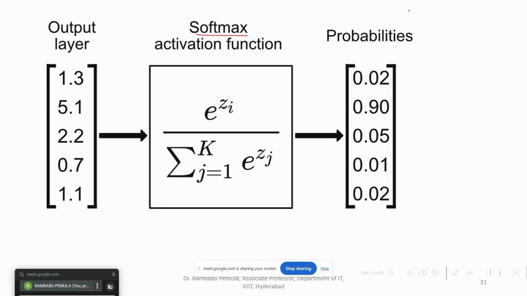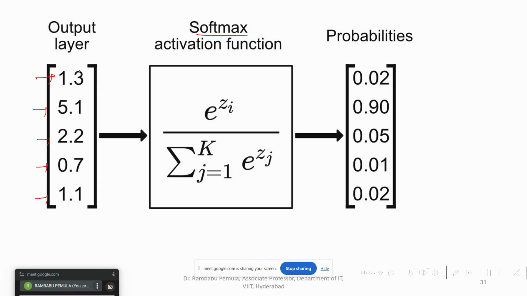In the multi-class classification problem and multi-layer perceptron problem, we use Softmax as the activation function in the output layer. Here, in the output layer, we have these output values. So now we are going to predict which has the highest probability value. According to that we are going to pick the corresponding class label.